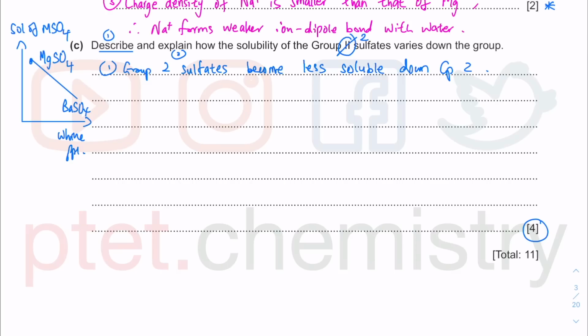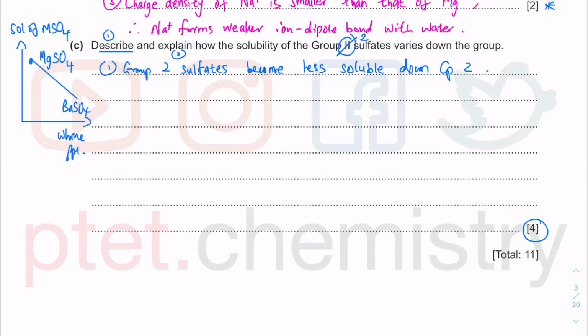Actually, calcium sulfate is used as a hardening agent when they make tofu. If you have eaten tofu before, they make it with a little bit of something called gypsum powder, G-Y-P-S-U-M. That is to do with calcium sulfate. So magnesium sulfate is actually not that bad. It's slightly soluble in water compared to these really insoluble stuff. So having said that, we know the solubility will decrease down group 2.